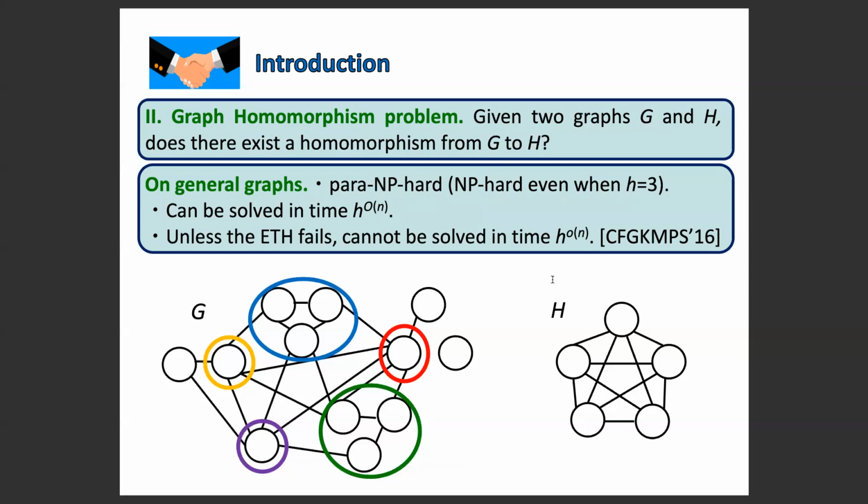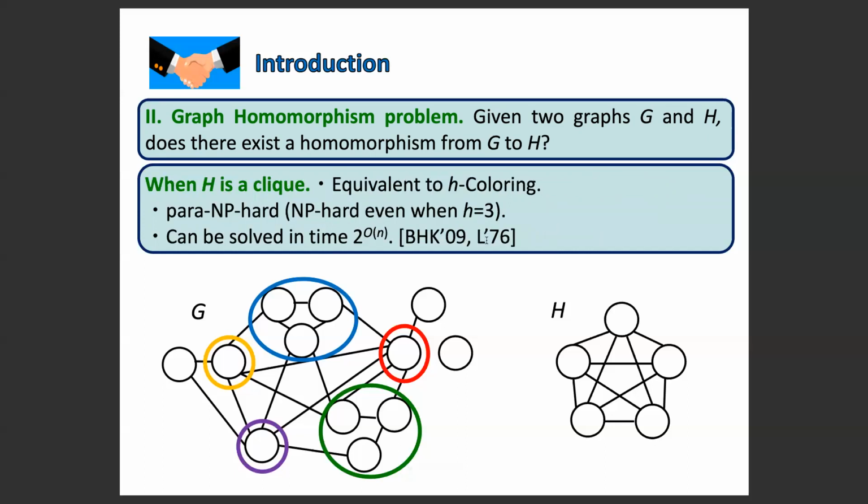For this problem on general graphs, it is para-NP-hard. This means that it is NP-hard even when h is equal to 3. So in particular, we don't expect it to be FPT parameterized by h. However, it can be solved in time h to the order n, and this is also tight under the ETH. We cannot get h to the little o of n.